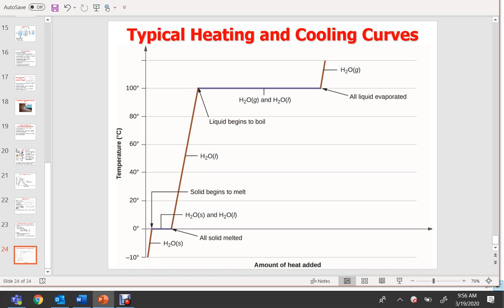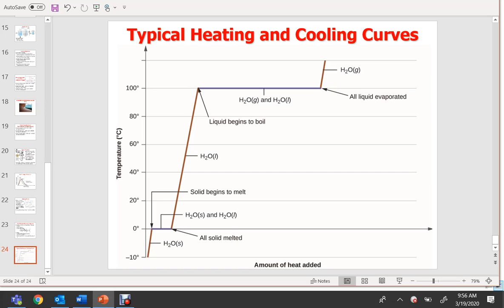The cooling curve is generally the same as a heating curve, except in an opposite direction. Let's use -10 Celsius degree ice as an example. For ice at -10 Celsius degree, as it absorbs heat, the ice starts to increase in temperature.